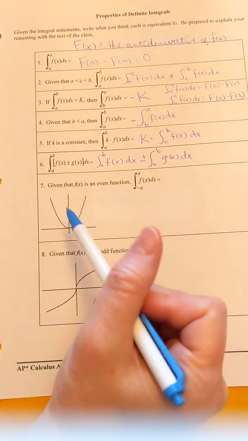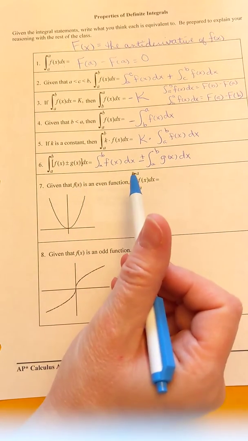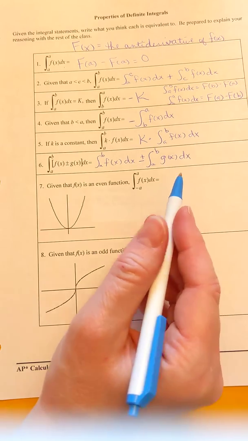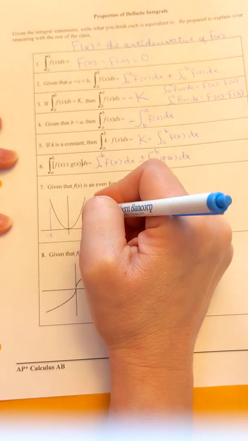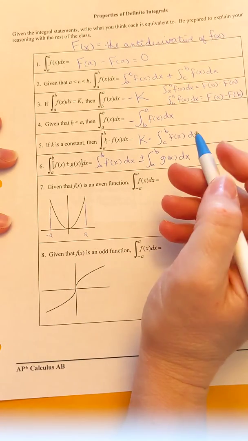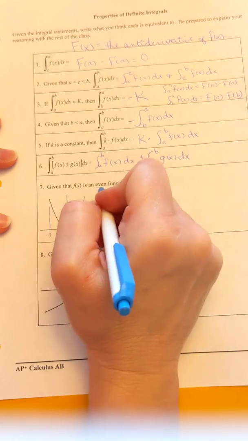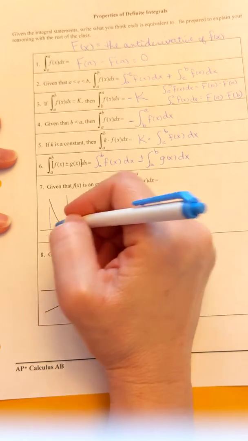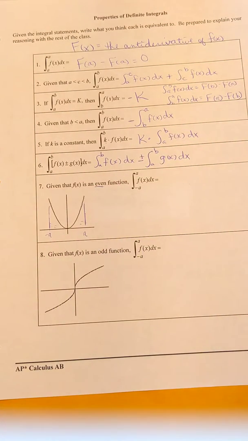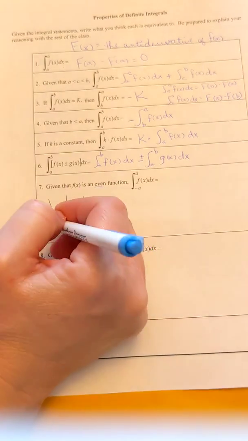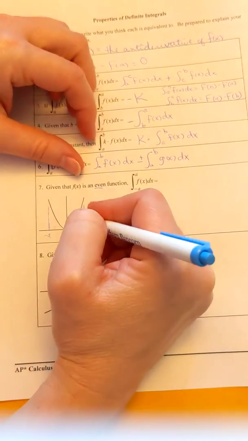All right, and then if you have an even function, if f of x is an even function and you're going from, let's say negative a to a, it's even. So these two spaces are exactly the same from here to here. But if I go all the way from negative a to a, that's going to end up looking like it's 0 because this is going to be a negative area, this is going to be a positive area.